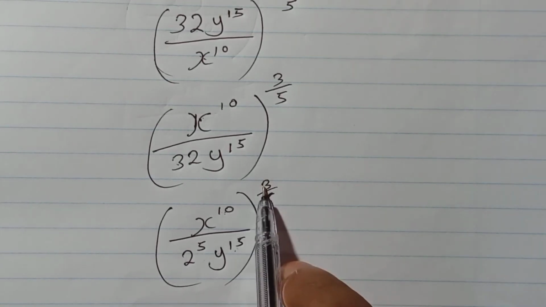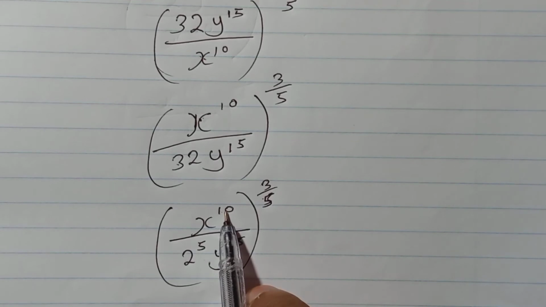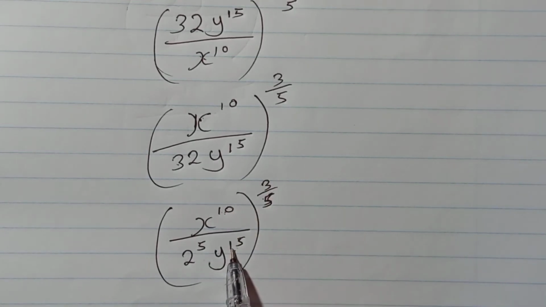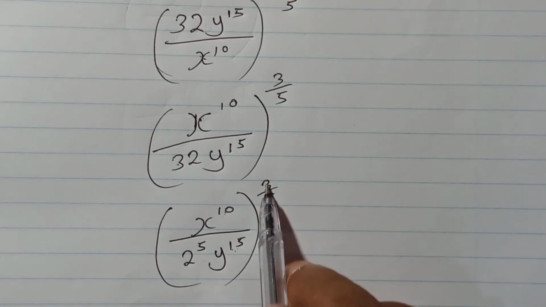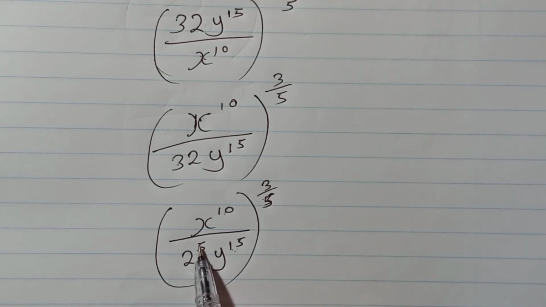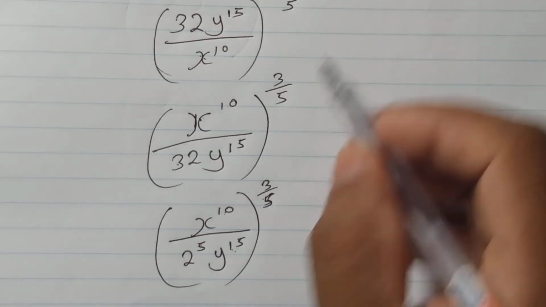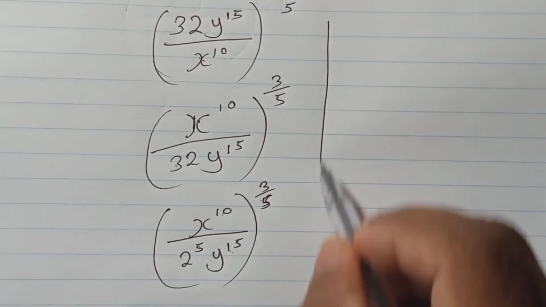By 3 over 5 you should multiply 10, and also by 3 over 5 you need to multiply 15, and also by 3 over 5 you need to multiply 5 here, right? I will do it here.